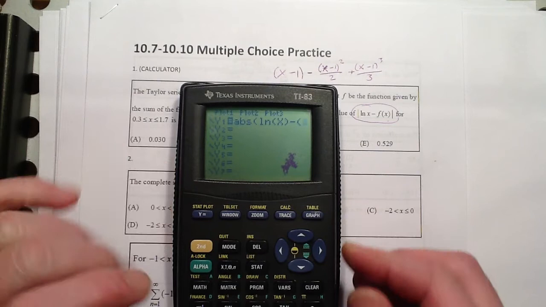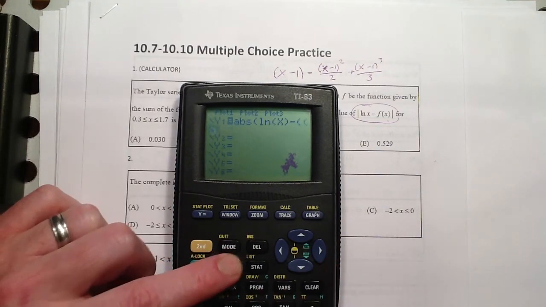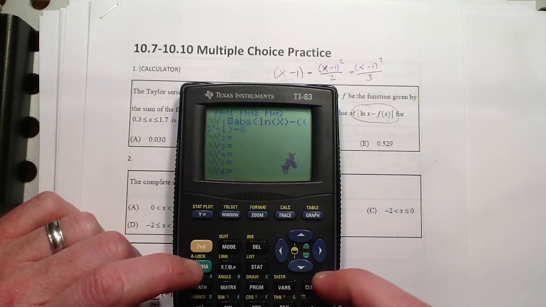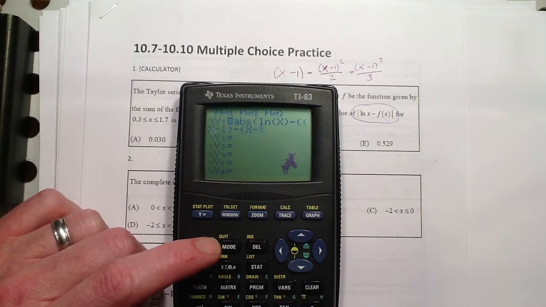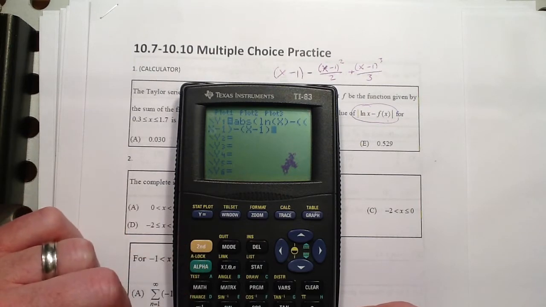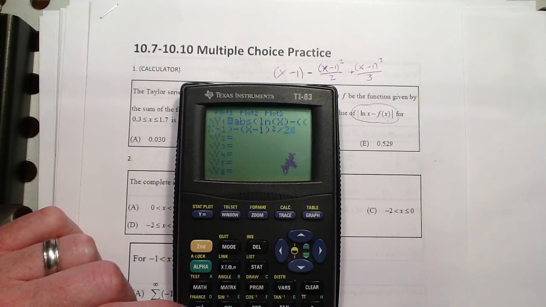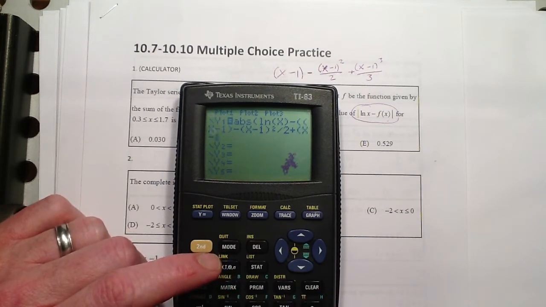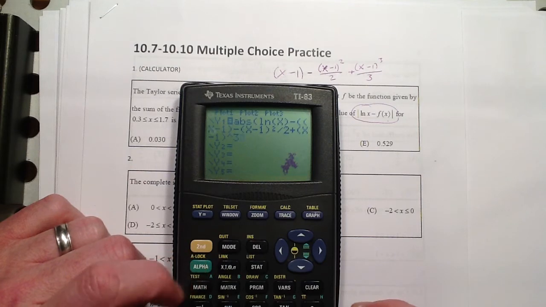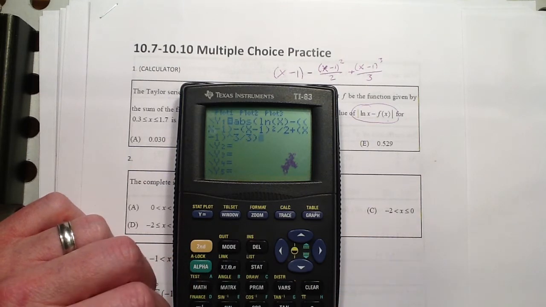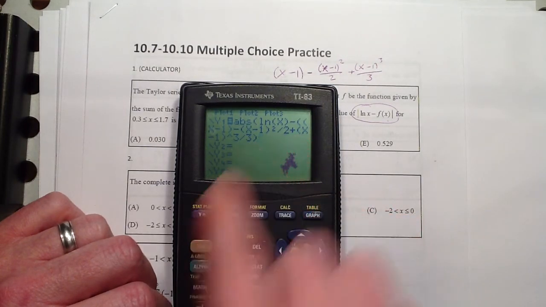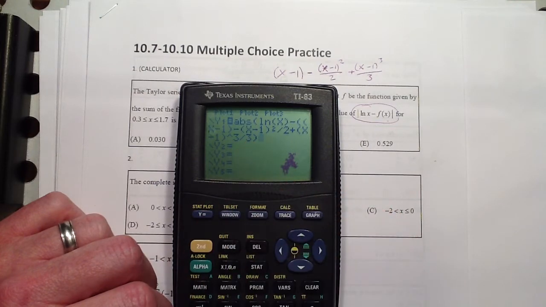And that series is x minus 1 minus x minus 1 squared over 2 plus x minus 1 cubed over 3. And that closes the absolute value sign.